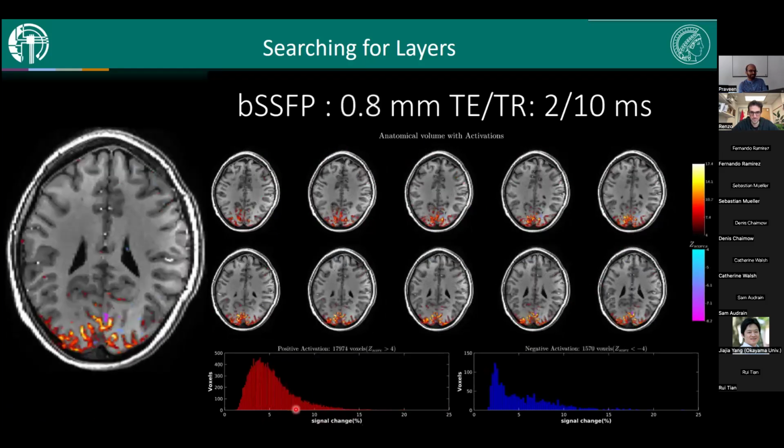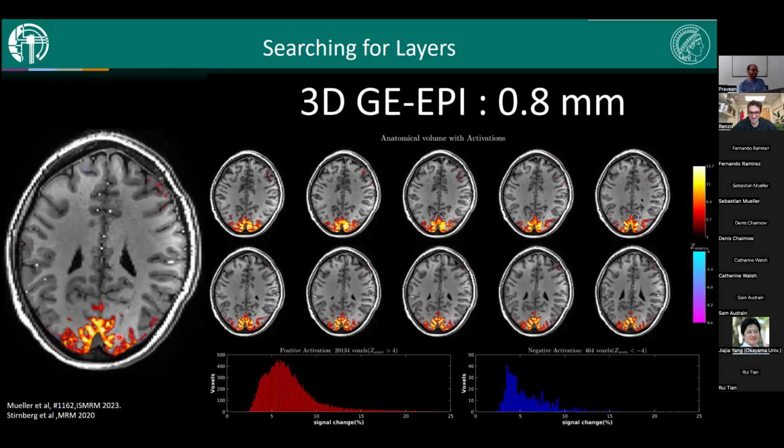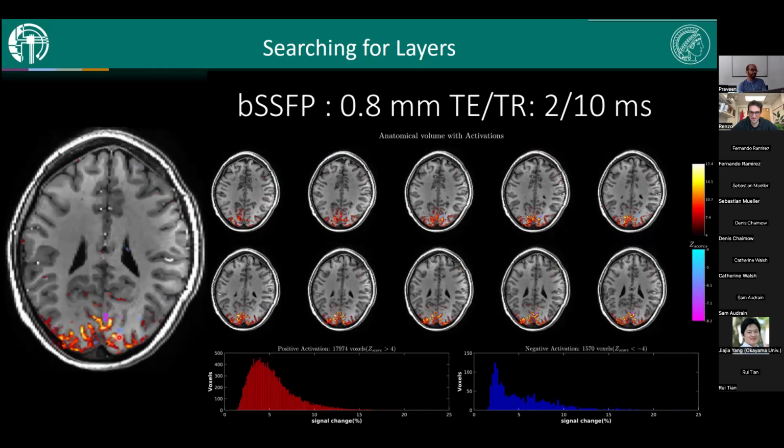With SSFP, you have a much lesser activation and the signal change drops to 3.3 or 4%. But this means either SSFP is more specific, or less sensitive. So this is the point we are at. We need further investigation to show whether this reduced effect is actually the macrovascular suppression. It would be nice to show.